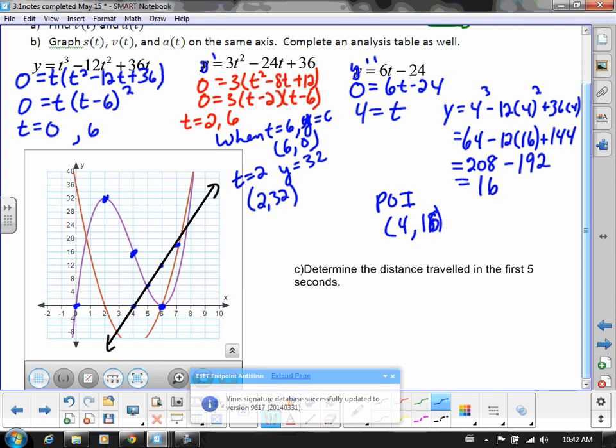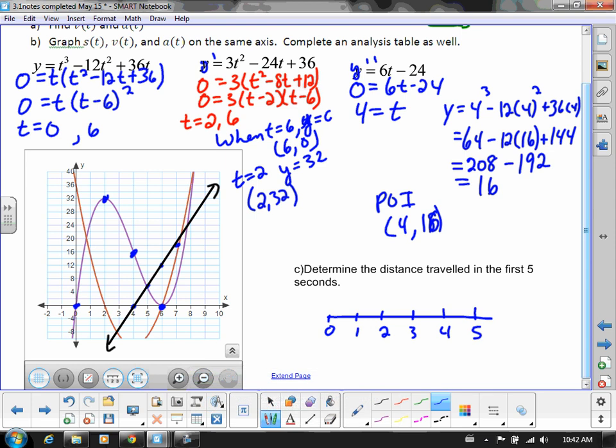So you follow the path that it's taking. So if the point starts at 0, if I were to draw like a number line for this first 5 seconds, it went from 0 to 2. So it's increasing from 0 to 2. At 2, it turns around and comes back.